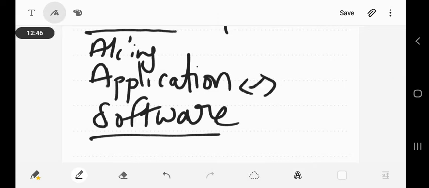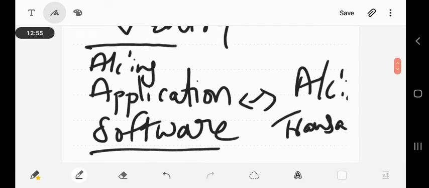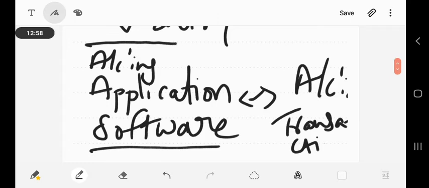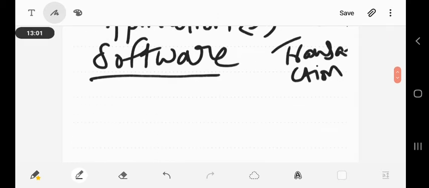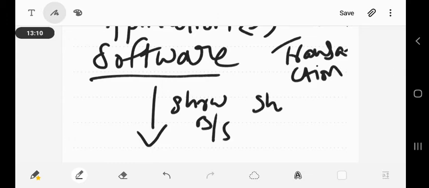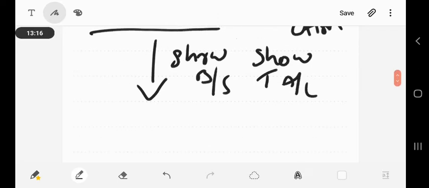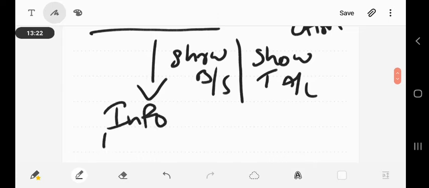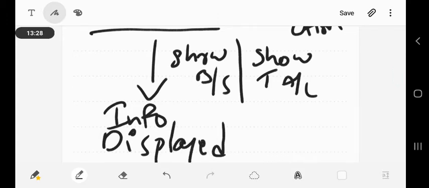In this we enter the accounting transaction, and from this software if we access the queries, for example show balance sheet or show trading account, like this if you access the queries, the information will be displayed.